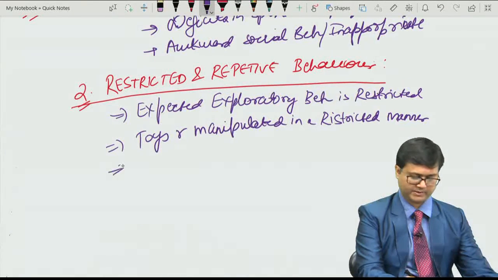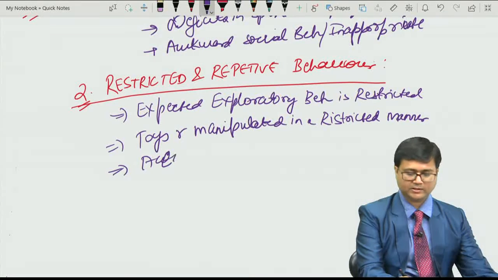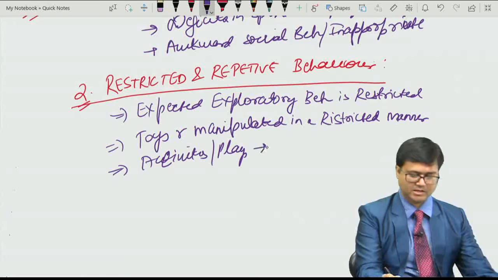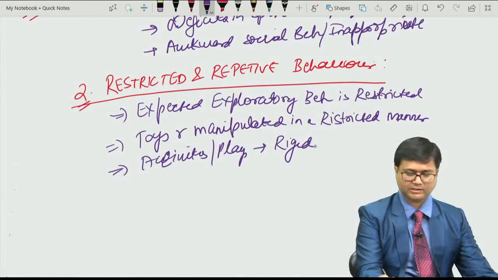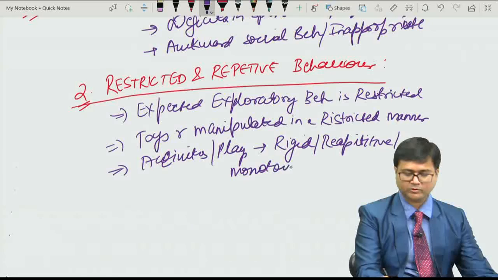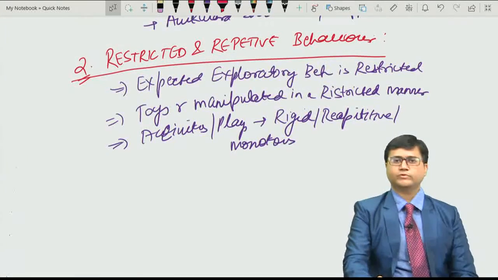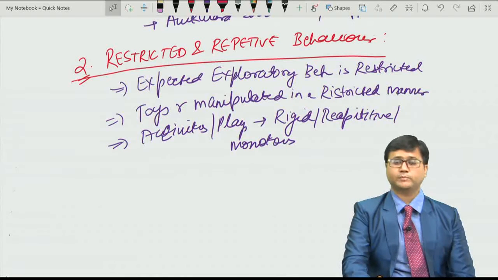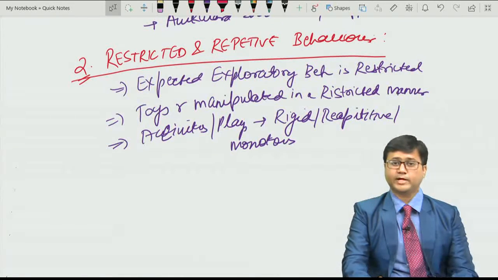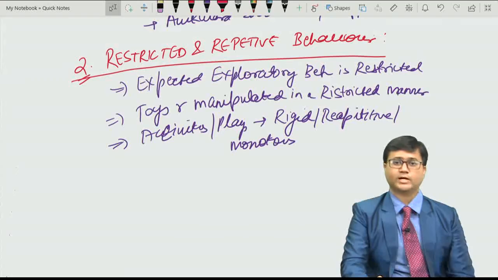Also the activities or the plays are very rigid, repetitive and monotonous. So the child's activities and plays are very rigid, and if someone tries to change it, the child will become very disturbed and distressed, and will try not to change the activities or the play.